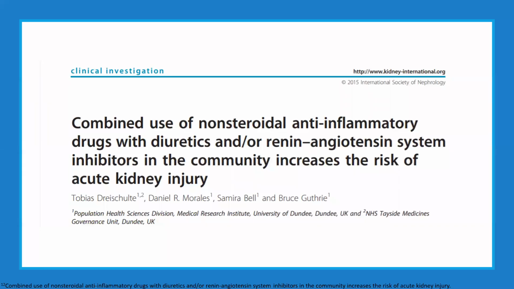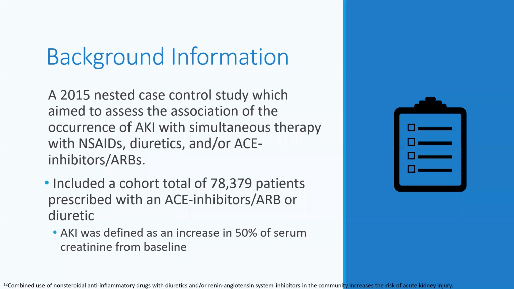So for the primary literature I looked at for this subject, I looked at a study which looked at the combined use of NSAIDs with diuretics or ACE and ARBs in the community, which was found to increase the risk of acute kidney injury. This study was done in 2015 and was a nested case control study, which aimed to assess the association of occurrence of AKI with the simultaneous use of NSAIDs, diuretics, and ACEs and ARBs.